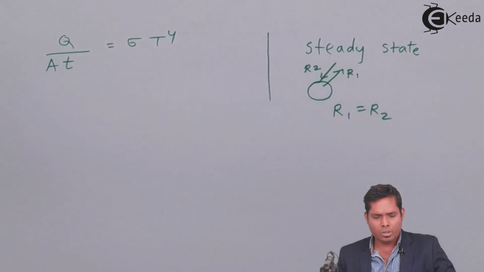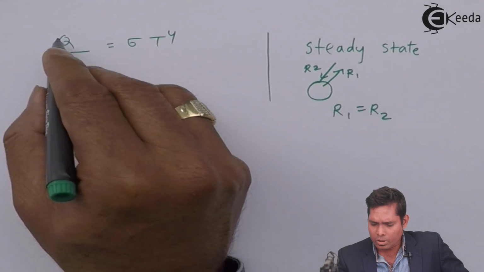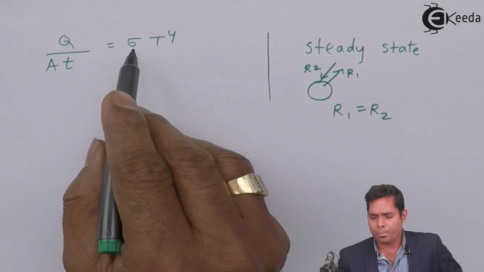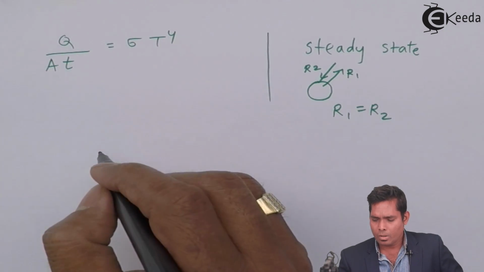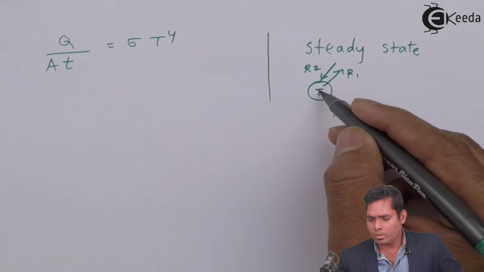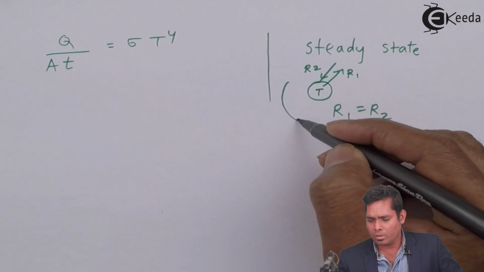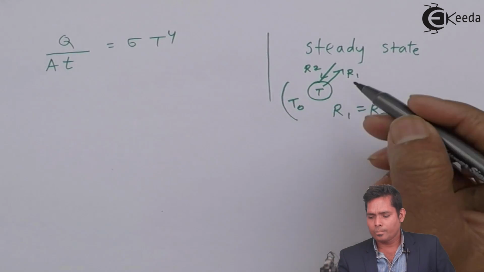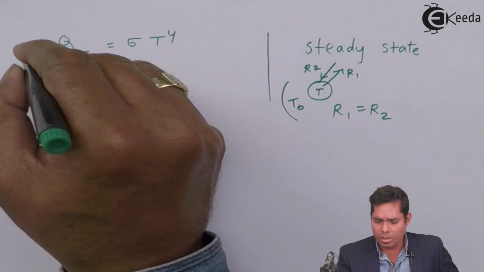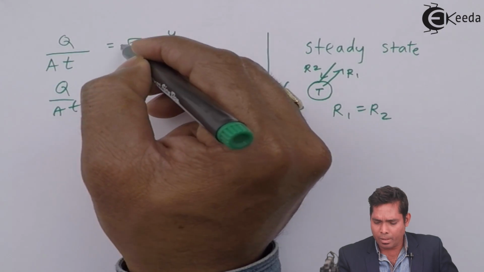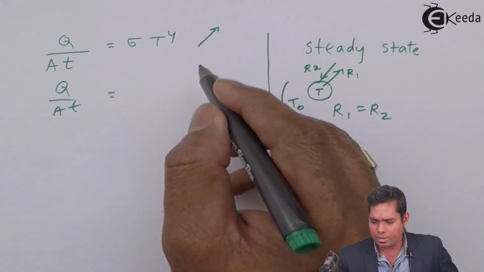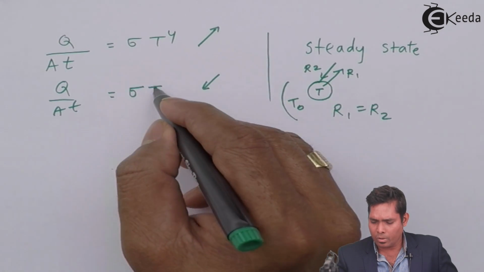The rate of emission is proportional to T raised to 4, depending on the temperature of the body, but the rate of absorption depends on the temperature of the surrounding, suppose that is T naught. Multiplying by area A, this is for emission and this is for absorption, sigma T naught raised to 4.